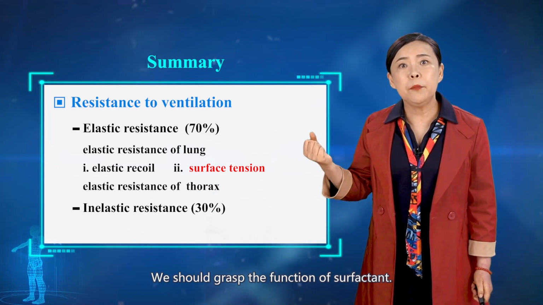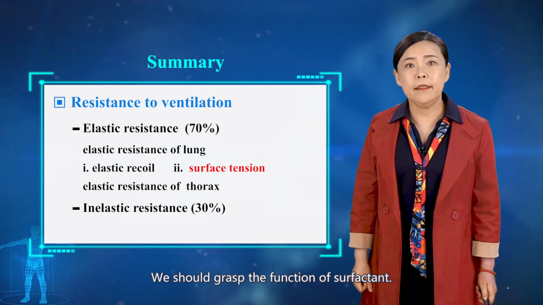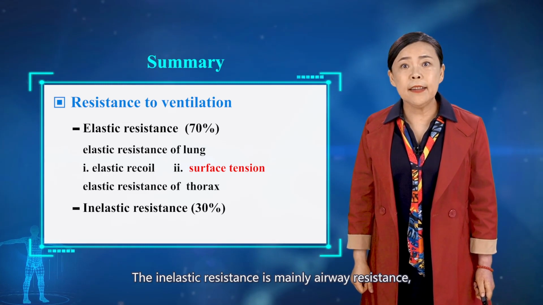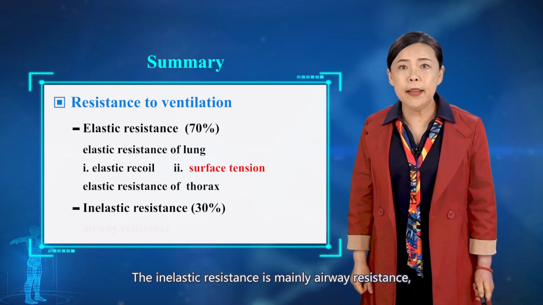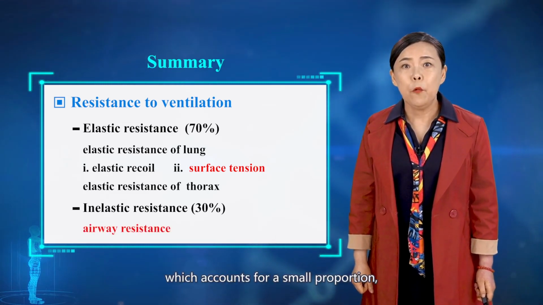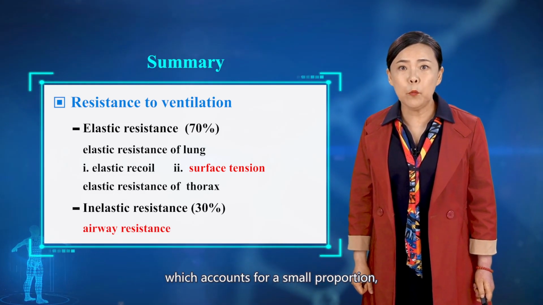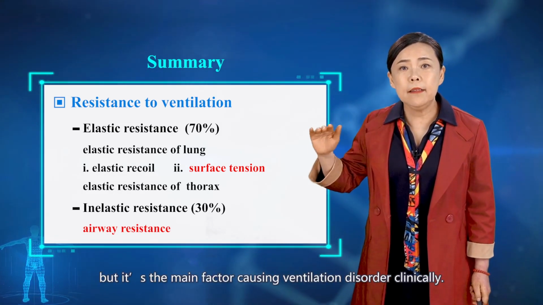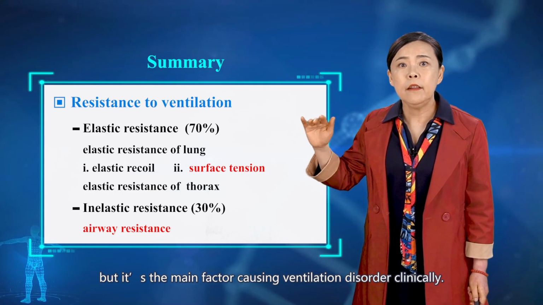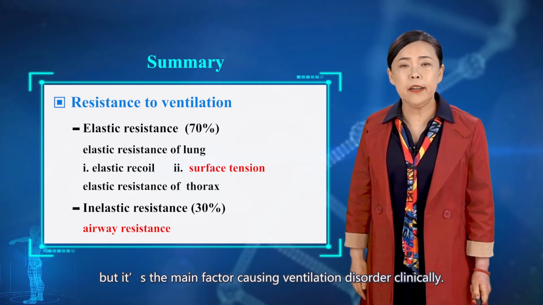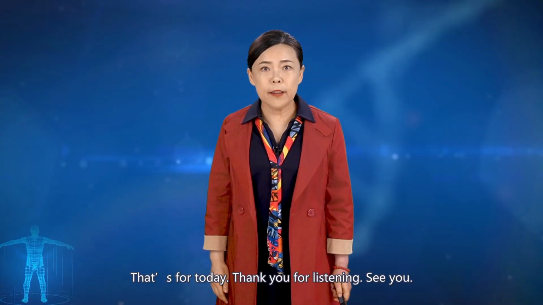We should grasp the function of surfactant. The inelastic resistance is mainly airway resistance, which accounts for a small proportion, but is the main factor causing ventilation disorder clinically. That's all for this class.